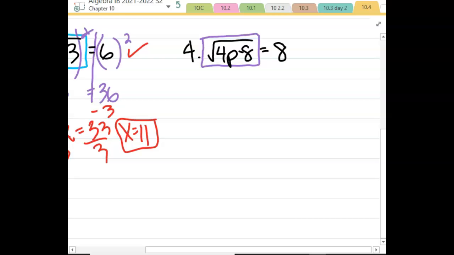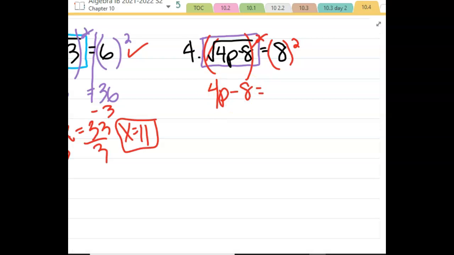Is my square root isolated? Yeah, it is. So we're ready to get rid of the square root, which we can do by squaring both sides. Remember, when you do this, you're not squaring any of the numbers. You're not square rooting any of the numbers. They're gone. You just get 4p minus 8.